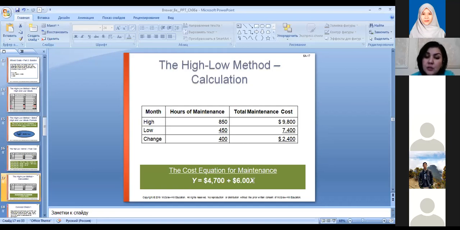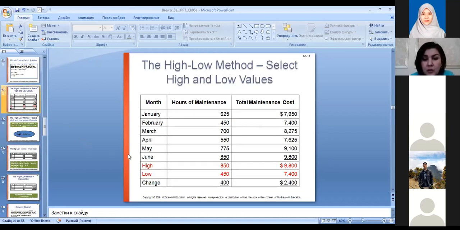So this is the equation: total cost equals the sum of fixed and variable cost. Knowing this equation, we can calculate total maintenance cost for any hours. For example, we can calculate total cost for 600 hours.